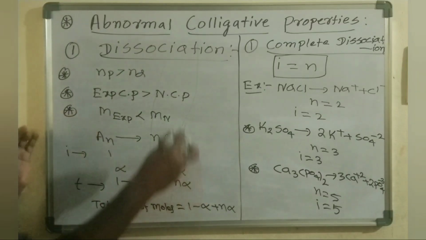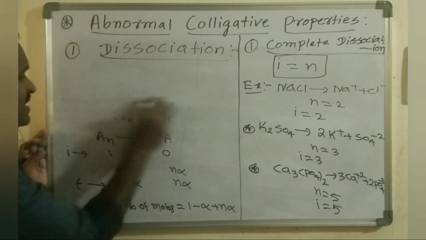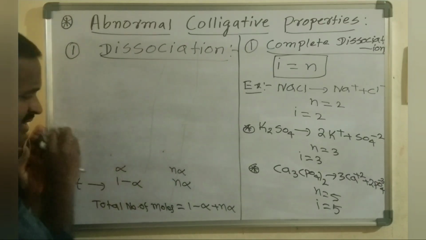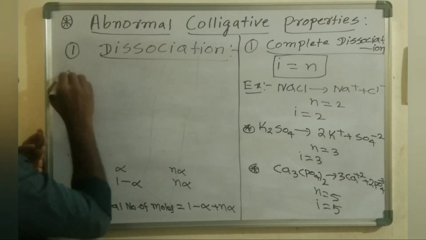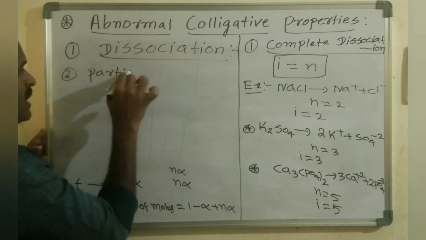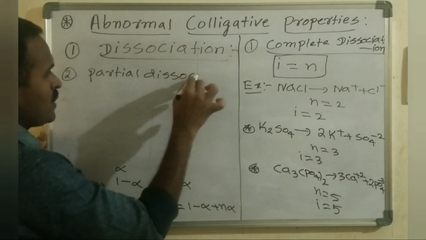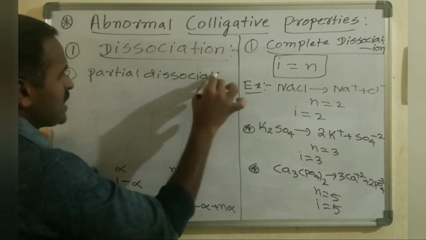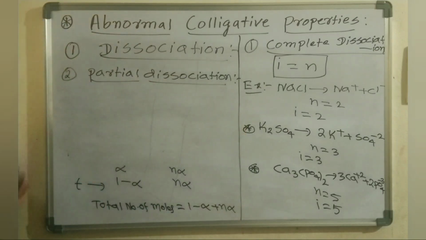Now, the second case is partial dissociation. If partial dissociation takes place, we can find the degree of dissociation, alpha.